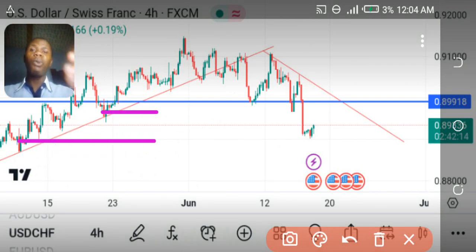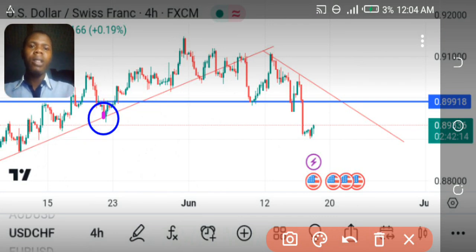Now how do I know this is the right place to target? It's simple. When the market came down here, this is a major swing point. Why? Because the market broke above this. Remember what I was telling you about swing points? Anytime this swing point is broken, it's actually a break of structure.